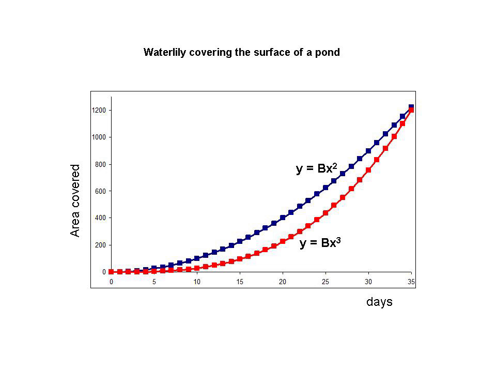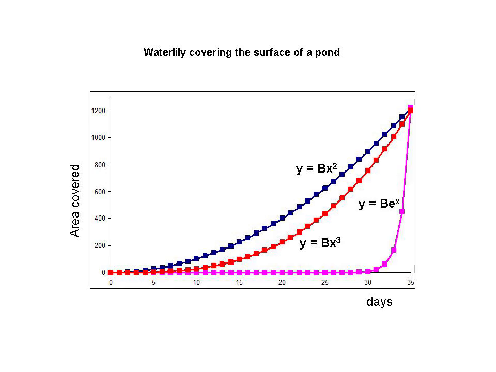When you go to x cubed, of course, the difference gets larger, but when you look at the exponential function, for almost 31 days, nothing happens. Then all the action happens in the last 3 to 4 days.